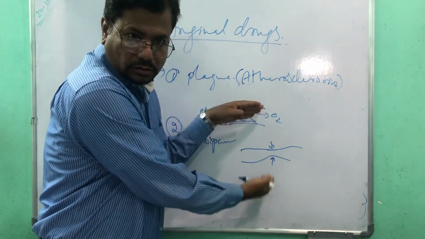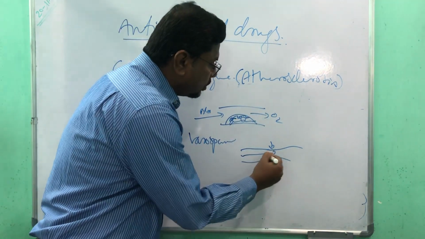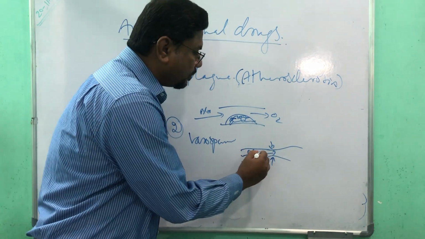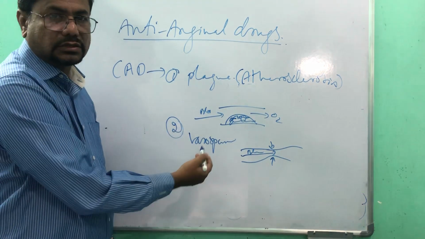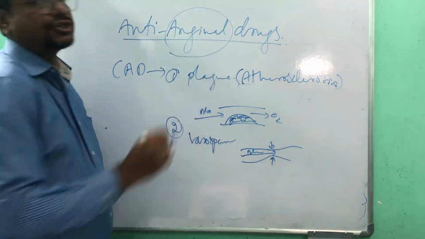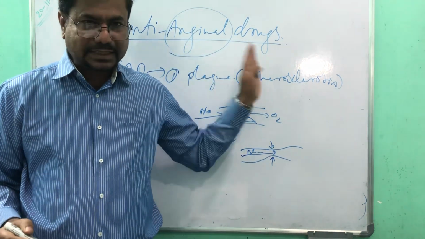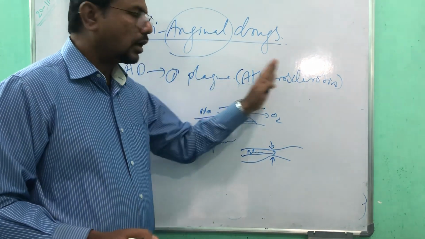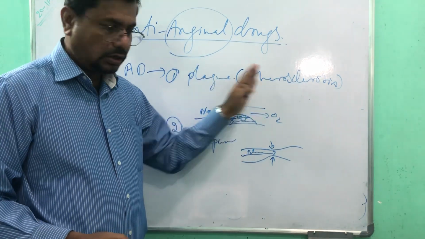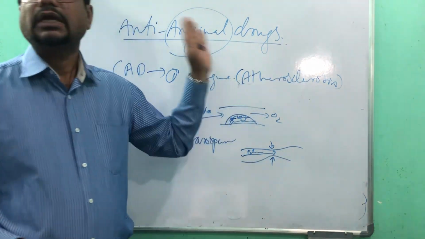It gets constricted, right? So is it easy for blood to pass? No, there is hindrance. So these are the two reasons why we get angina. Basically it is for coronary arteries, where either by plaque or atheroma or by vasospasm it occurs.